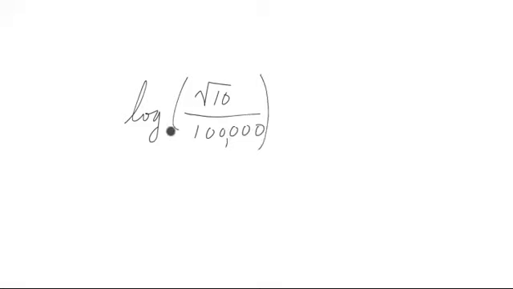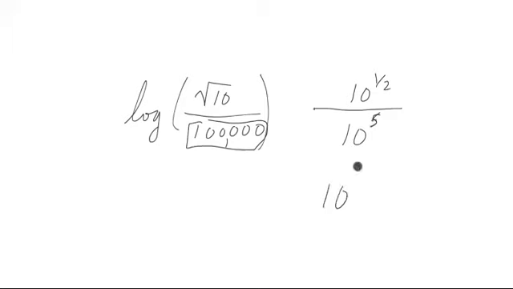How did I do this? Well, the base is 10, even though we don't see it, because it's there when we don't see it. So we have 10 to something is going to be equal to this. Well, let's just start at each part. 100,000, that's 10 to what power? That's 10 to the 5th power. Okay, what about square root of 10? That's 10 to the 1/2. Now we have the same base and different exponents.